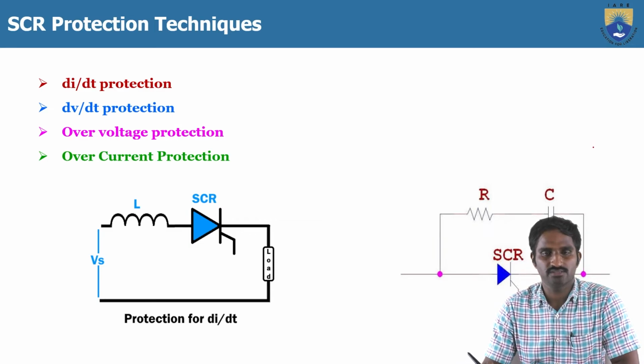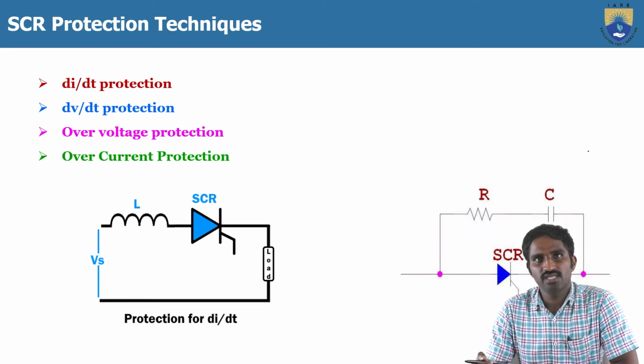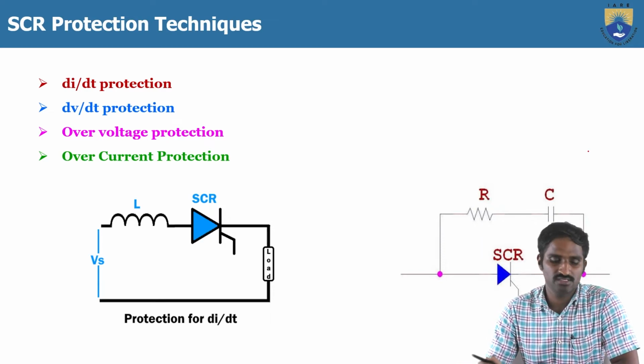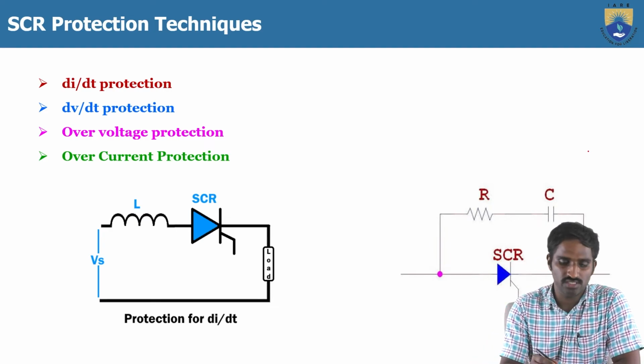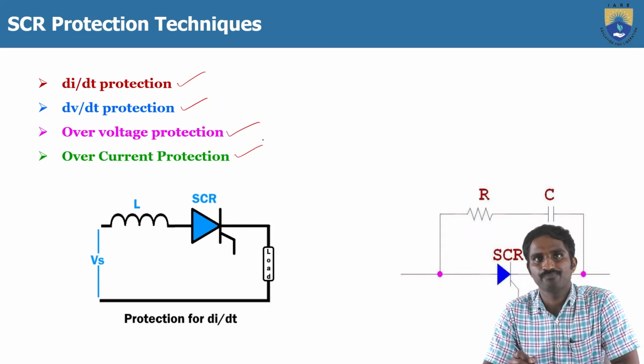SCR protection techniques, which means from which parameters we need to protect the thyristors. Here I have listed: di by dt protection, dv by dt protection, then over voltage and over current.